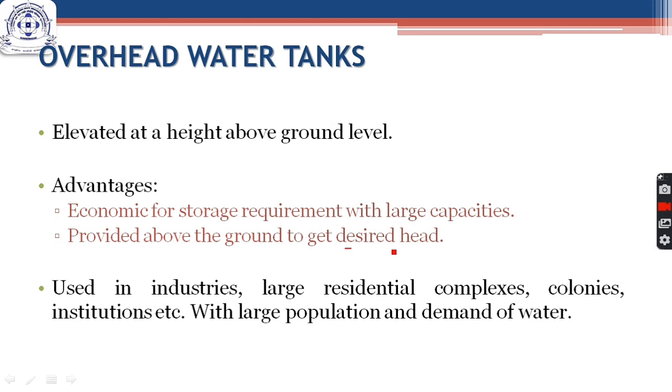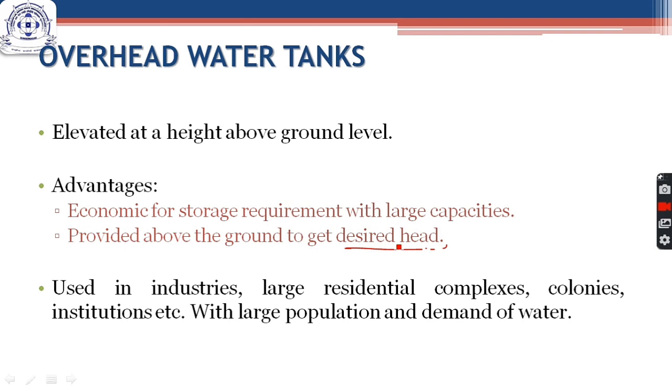Another advantage is that we get the desired head for water distribution, as the tanks are provided above the ground level. As we know, for the proper distribution of water, the water flows from a particular height. With the help of overhead tanks, the desired head has already been provided, so there is efficient water distribution.